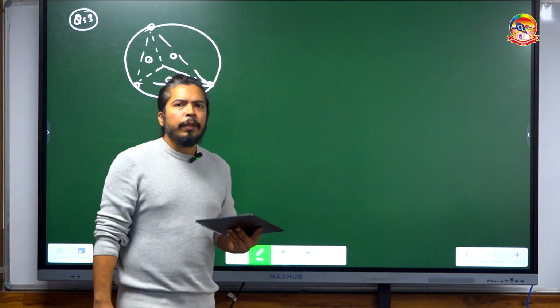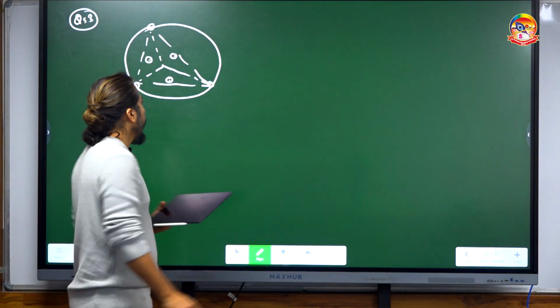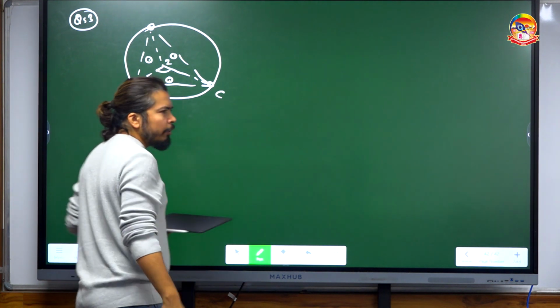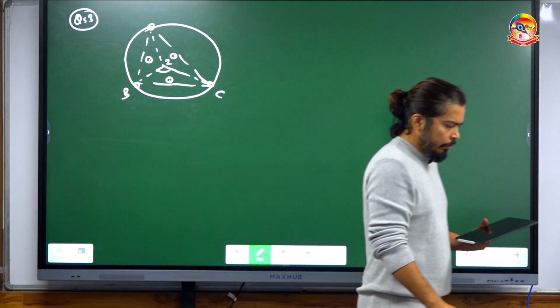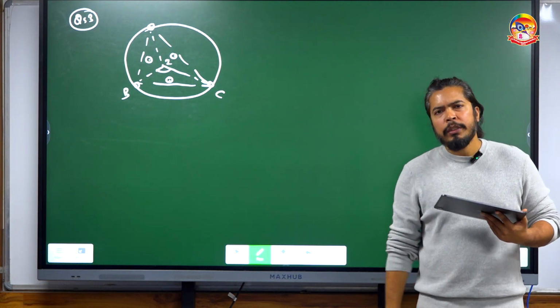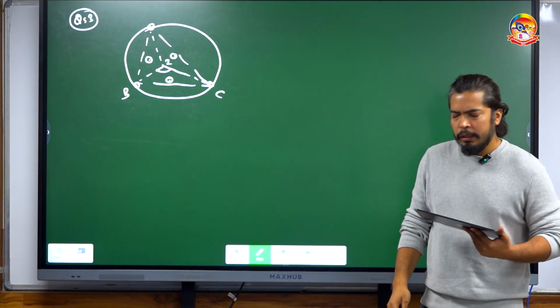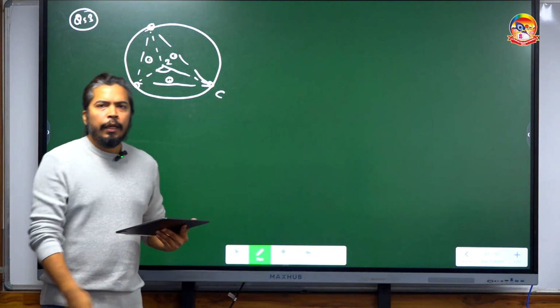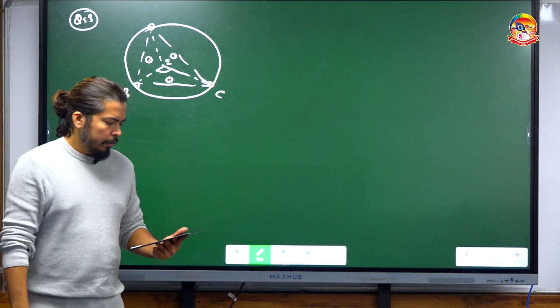I wanted to attack on 90 plus A by 2, which is angle BIC, right? Angle BIC is 90 plus A by 2, so I wanted to attack on that angle and somehow get to twice A. But getting from there to twice A using whatever method was not seeming possible. So I had to ditch that idea and try something else.